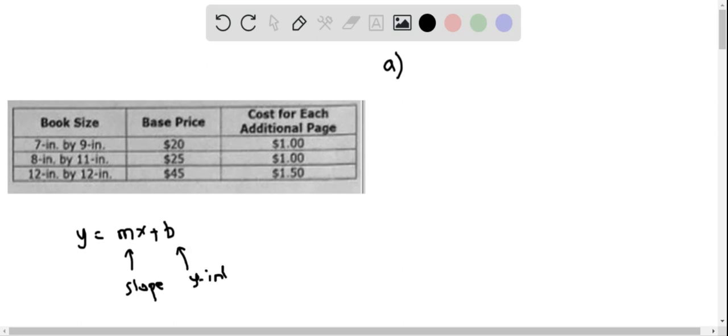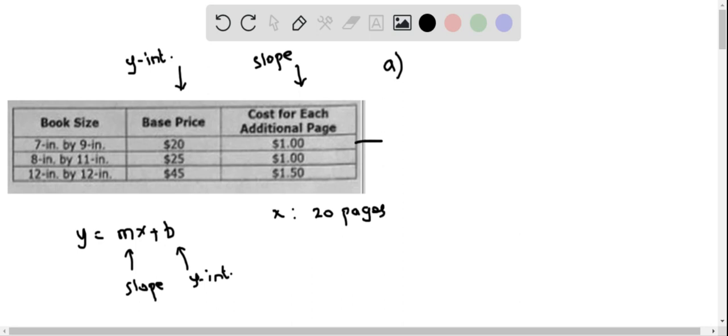Looking at this column, the base price is the y-intercept, and the cost for each additional page gives the slope of the equation. Also, x represents the number of pages, which is at least 20 pages.